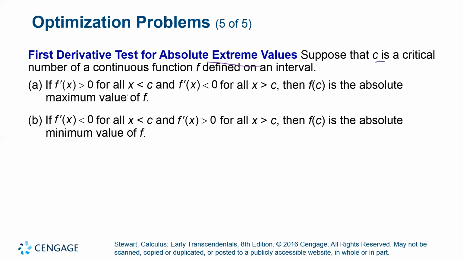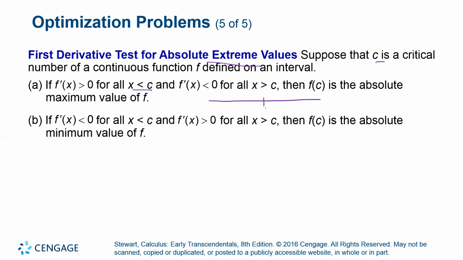So you differentiate, and for all x less than the critical value, that is all the values to the left of the critical value, the f prime is positive. And all the values to the right of the critical value, the f prime is negative. When that happens, we have an absolute maximum.